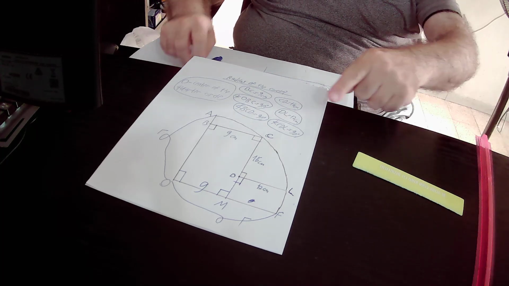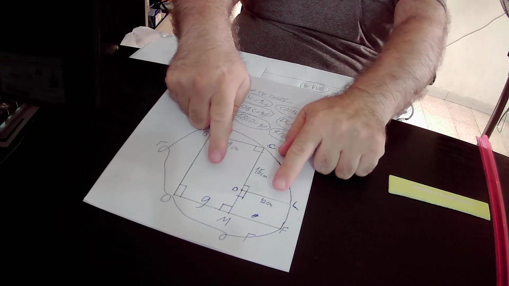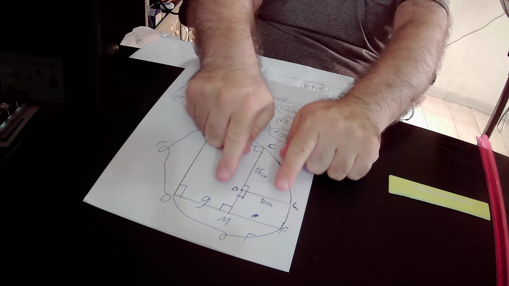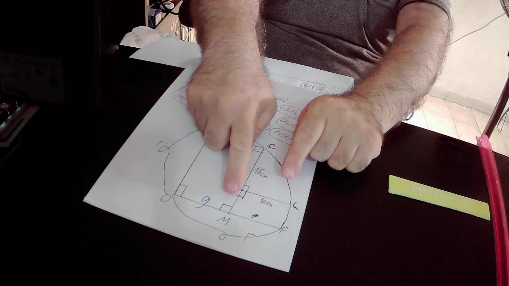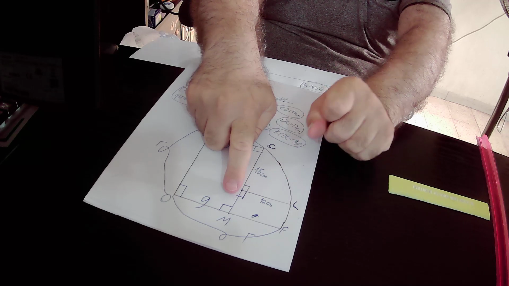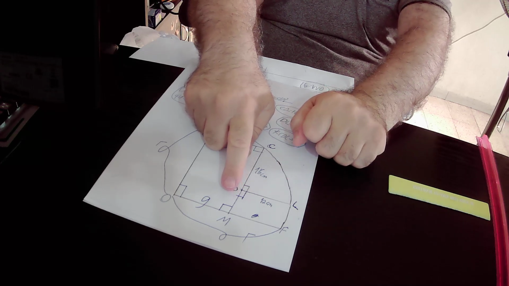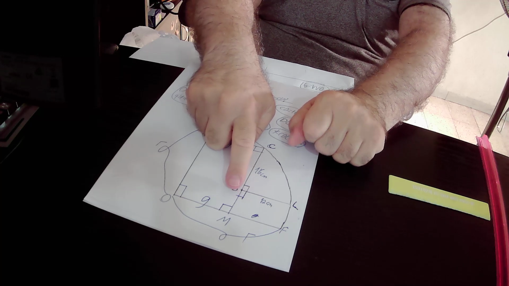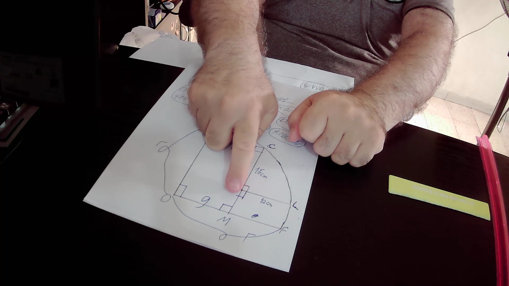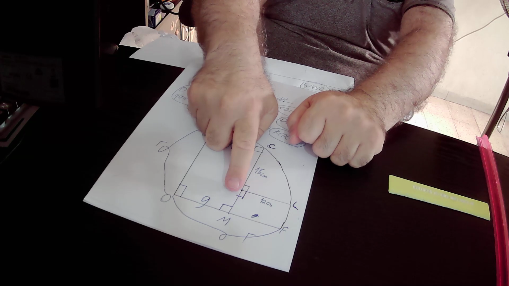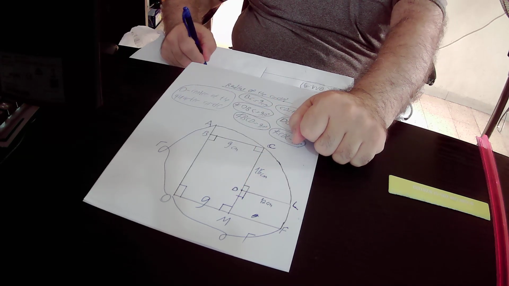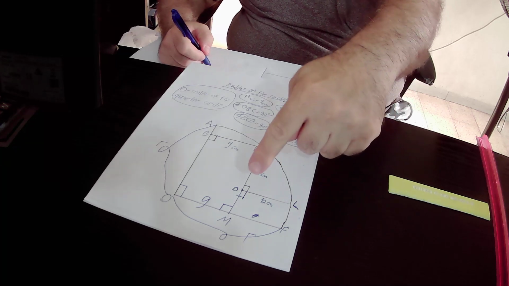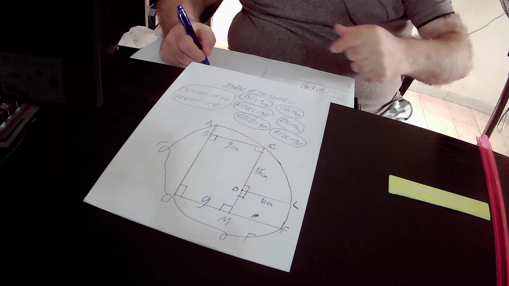So if we focus on the upper side of the straight line OF at point M, the sum of the angles must be equal to 180 degrees according to rule number 3. Which angles do we have at the upper side of OF at point M? We have this angle that is equal to 90 degrees plus this angle that is actually angle DMF.